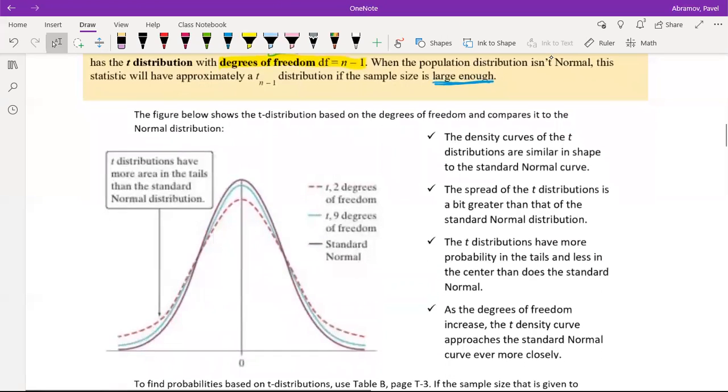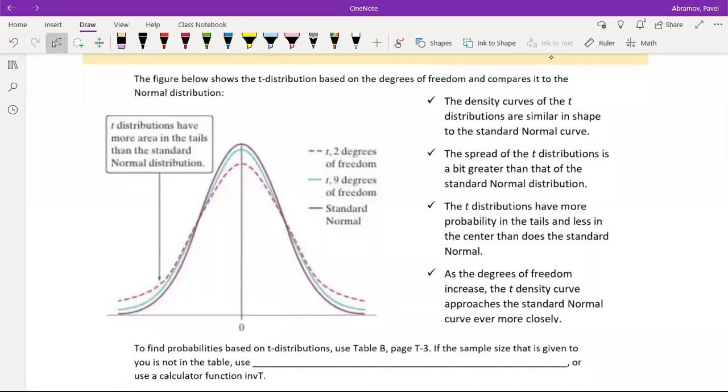So if we look at this graph, here we are comparing what's happening with our distribution based on the degrees of freedom, or in other words, the sample size. We can see that the dotted line, this dotted line that I'm highlighting right now, is the distribution if our degrees of freedom is 2.